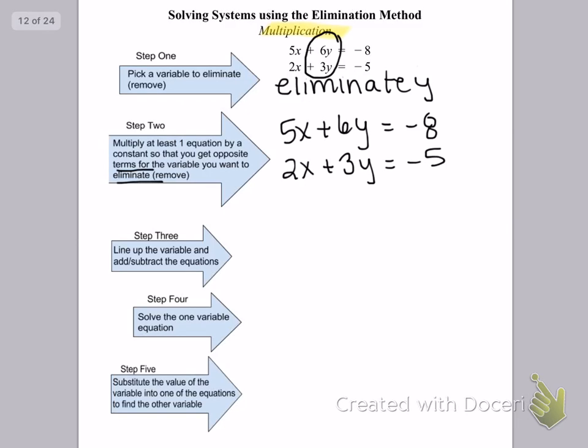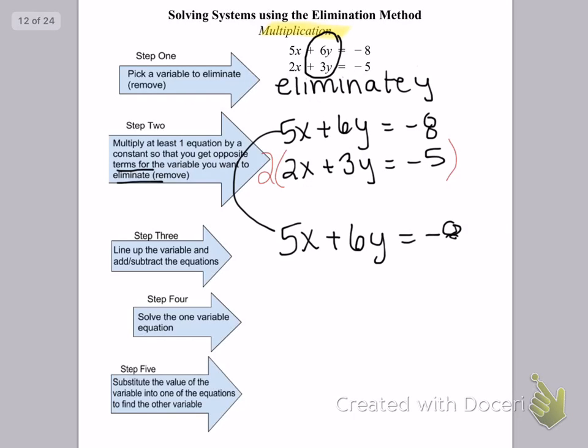Again, our goal is to cancel out our y's, so we're going to multiply this entire equation by 2 because that's what's going to give us a 6y. So let's go ahead and line those up. We'll have our first equation that will just be the same. So 5x plus 6y equals negative 8.